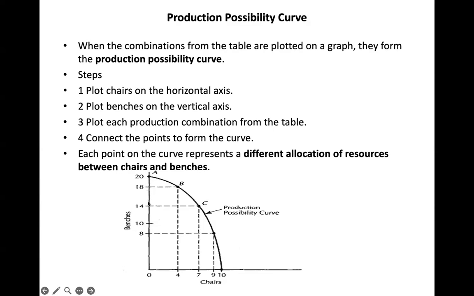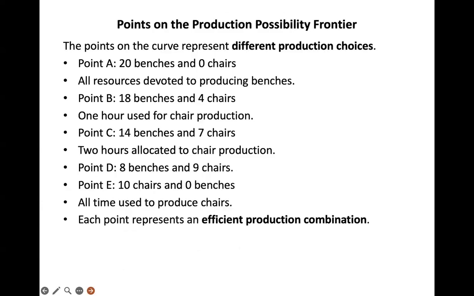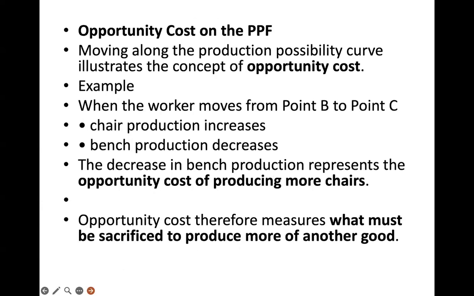Moving from 18 to 14, he needed to forgo an additional 4 in order to produce 7 chairs. So moving along the production possibility curve illustrates the concept of opportunity cost. Hope it's clear. Is it clear?